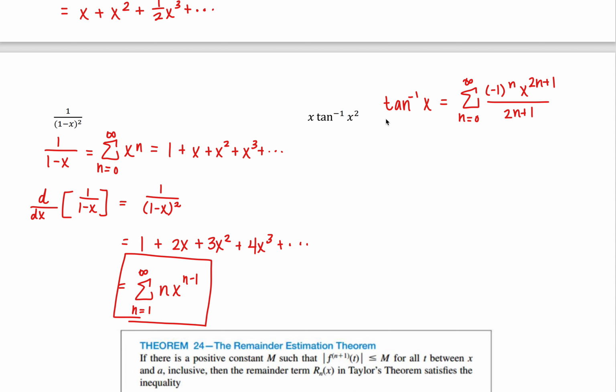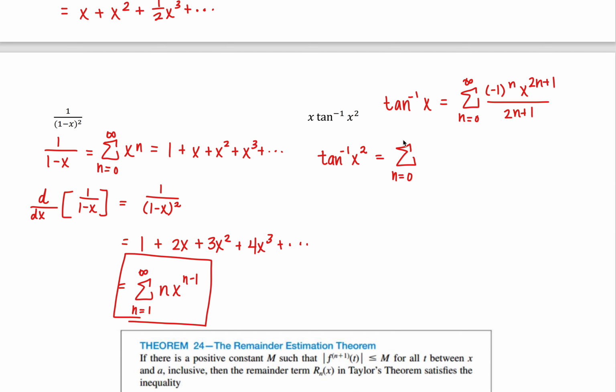Now, we're not just looking at the inverse tangent of x, though. We're looking at the inverse tangent of x squared. So replacing the x with x squared is going to give me this series.